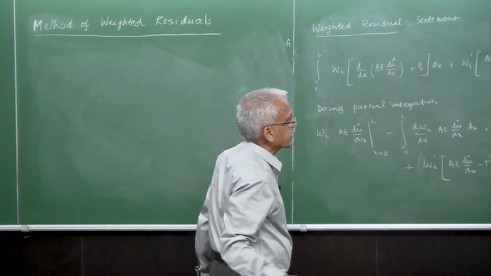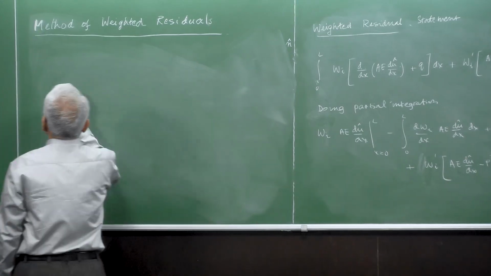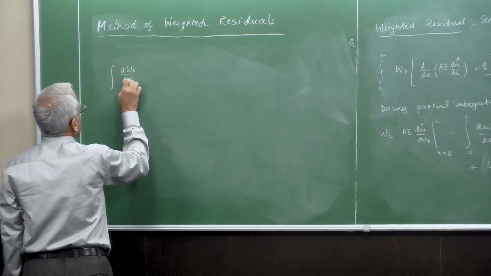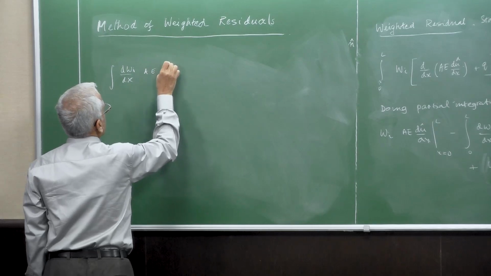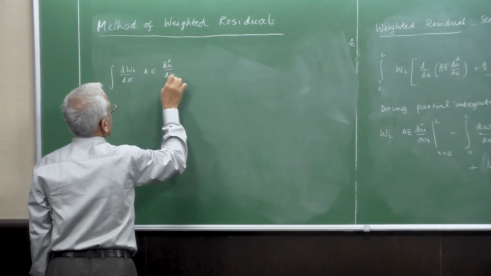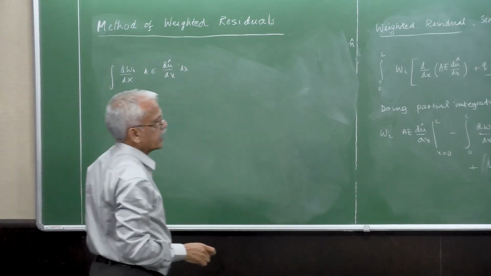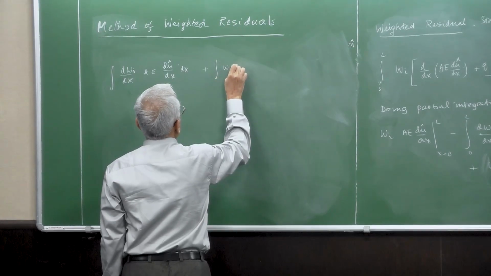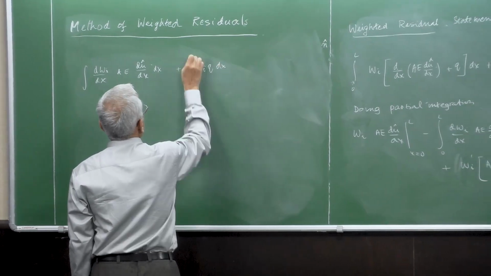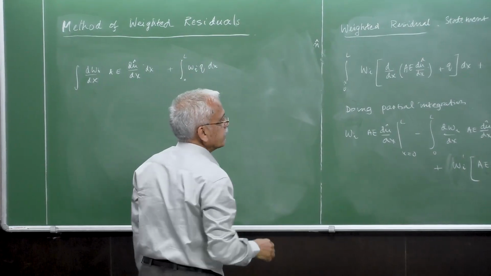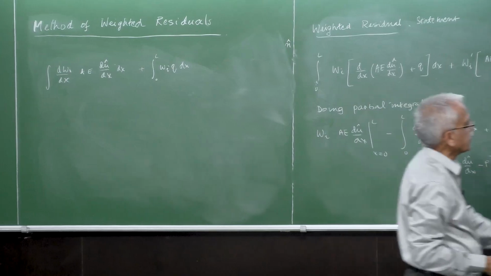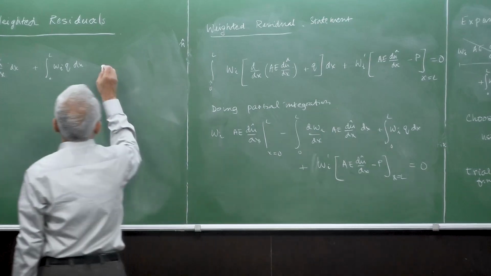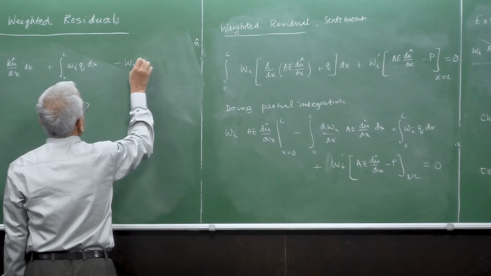If you collect, we are left with the integral of dwi by dx, ae du hat by dx, and what else? We also have this one, wi q dx, and then we also have wi prime. We'll take it to be minus wi, and then we multiply with p, and so we have minus wi times p.